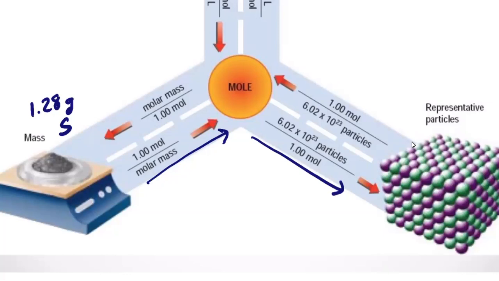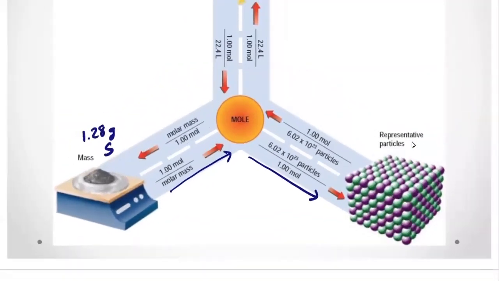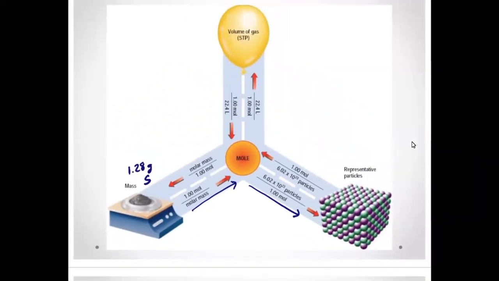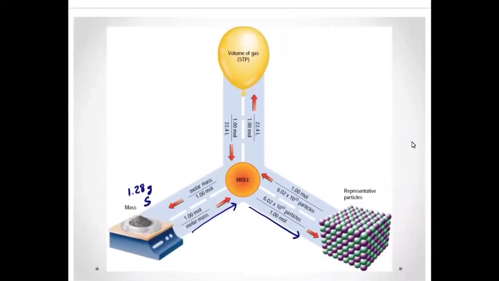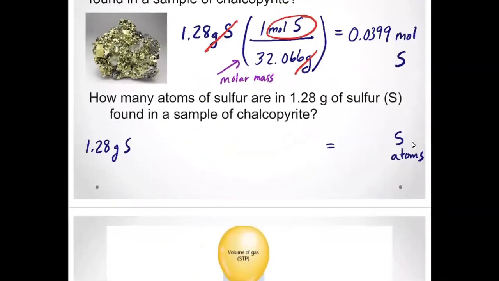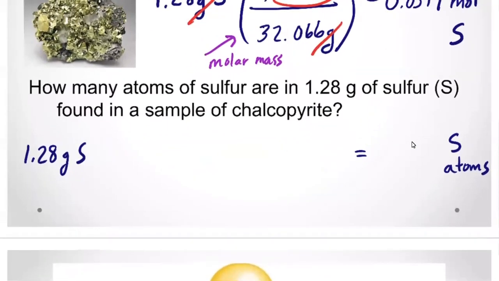So you're going to have to go to the mole first, and from the mole, right, to the next one. And you'll see in later chapters, the mole will get us to many other places, like the volume of gas. Okay, so we know we're going to be doing this in 2 steps: grams to moles, and then moles to particles.